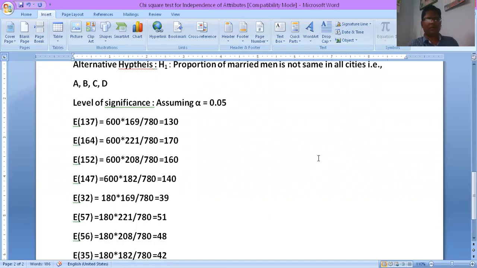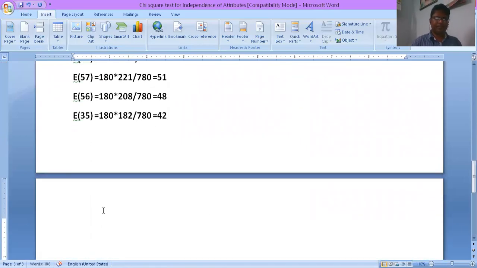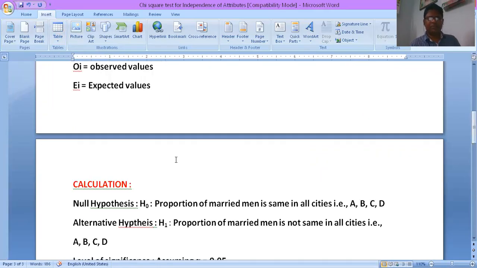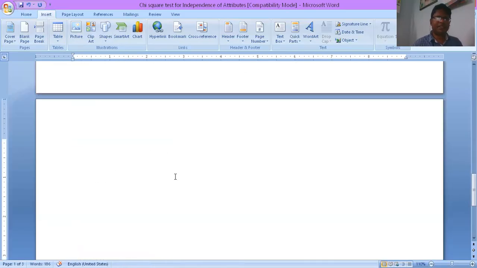Now let us prepare chi-square table, then go for testing it. How many observations are there? 1, 2, 3, 4. 1, 2, 3, 4. So 8 observations are there. We need 8 rows.